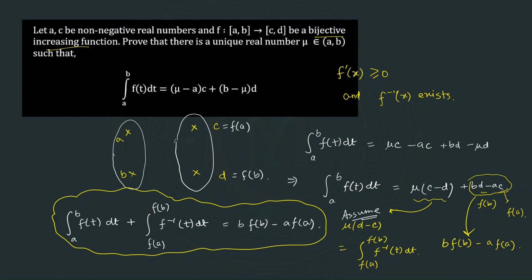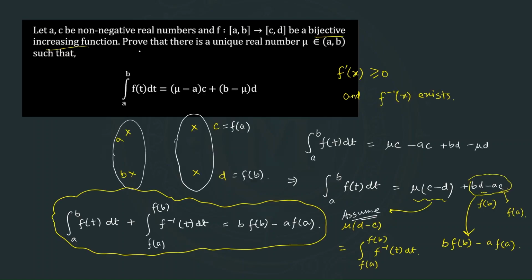So now if we want to assume this value of mu, we need to prove that this mu lies in the open interval a to b. If we can show somehow that this mu lies in this range, then we can definitely say that this is the required value mu, which is a unique real number because this integral is unique and d minus c is also unique. So this equality will hold true.